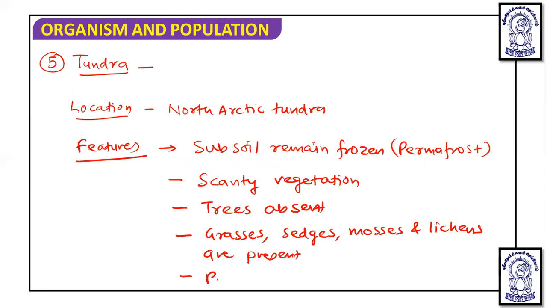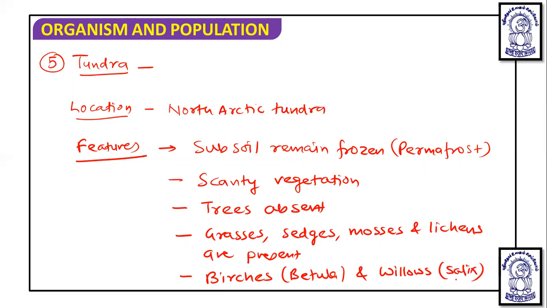The known plants which grow are birches, which is also known as Betula, and willows, that is known as Salix.